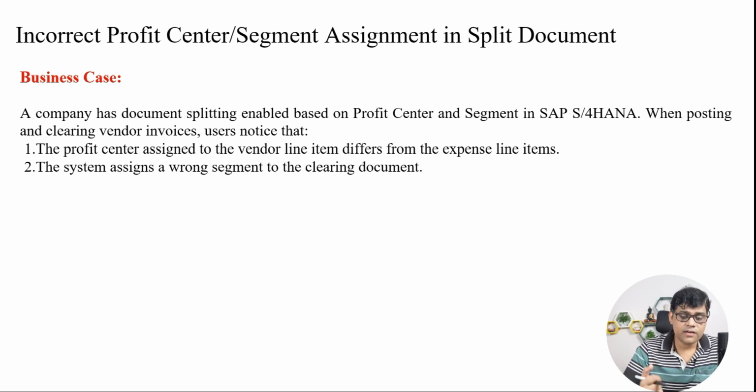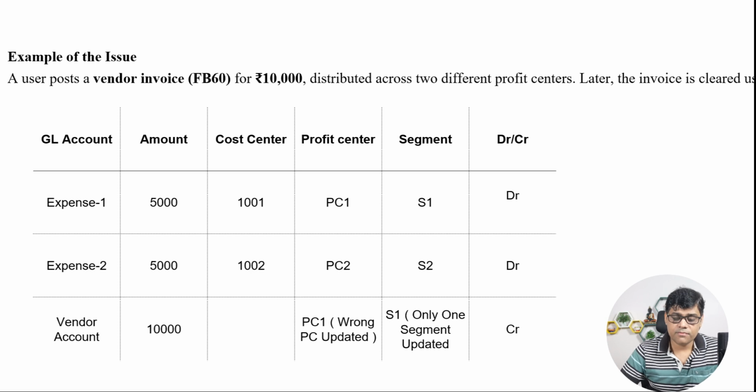So if you go through this error, you will find that the transaction is posted, and the system is trying to assign the wrong segment to the wrong clearing document. So in total, the document has some issues related to document splitting. Again, for explanation, you can see two expenditures are there, with reference to two profit centers, and segments are also automatically updated.